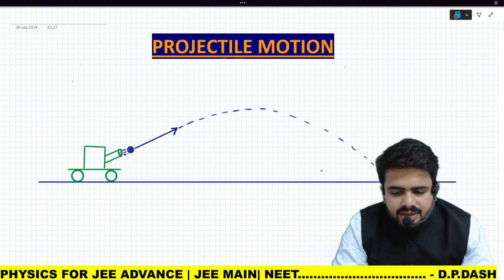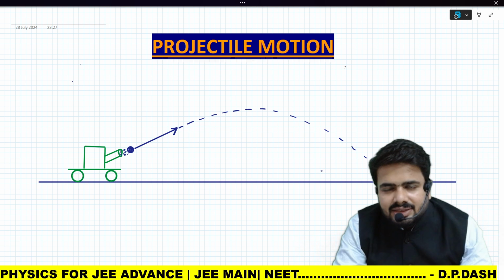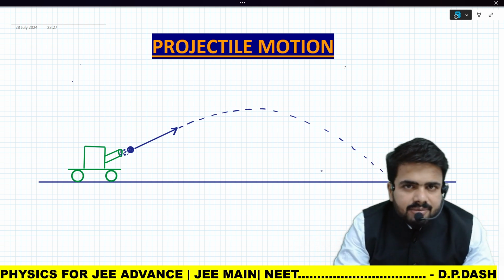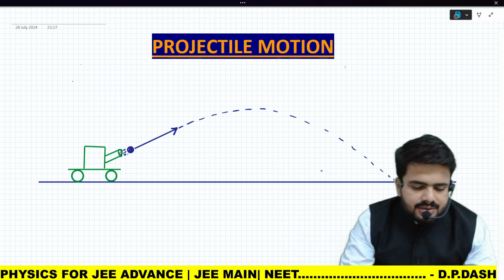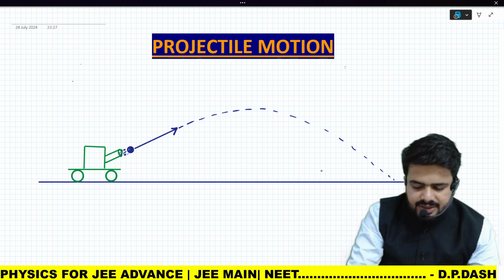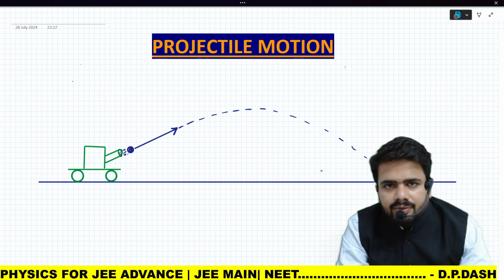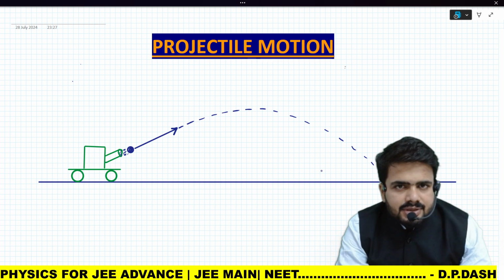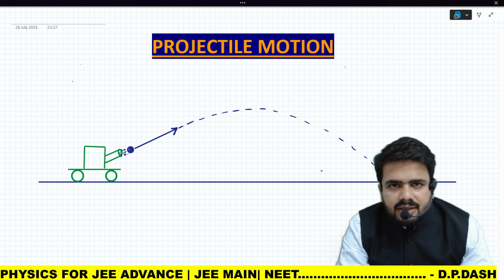There, if the charged particle's velocity makes a certain angle with the electric field, projectile motion can be created there also. But from the mechanics point of view, we will discuss projectile motion under gravity.